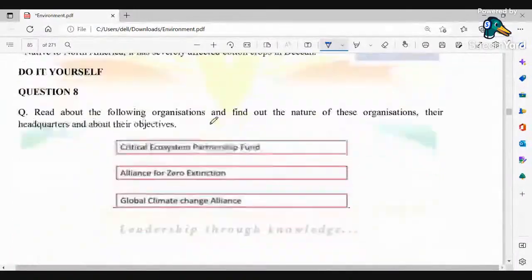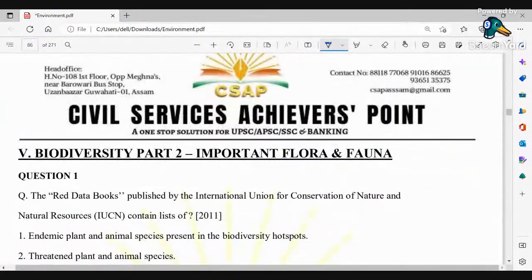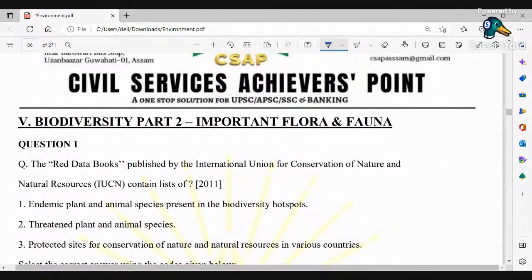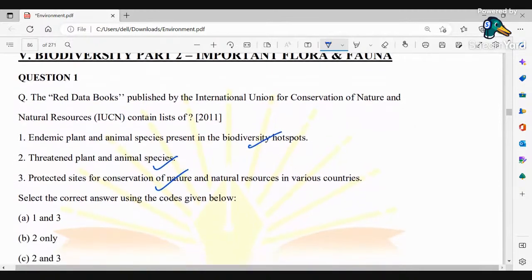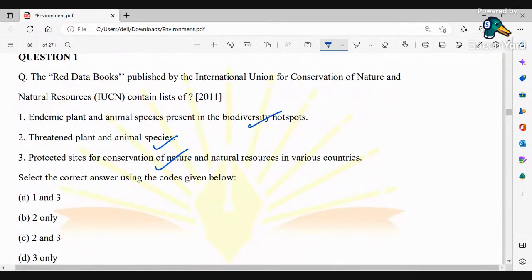Okay, coming up with this part, biodiversity part 2. The Red Data Book is published by the IUCN and contains a list of which of the following: endemic plants and animals present in biodiversity hotspots, threatened plants and animal species, protected sites for conservation of nature and natural resources. So select the answers below saying about this IUCN.